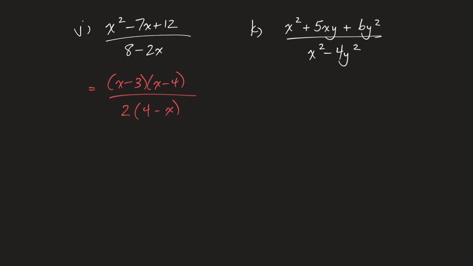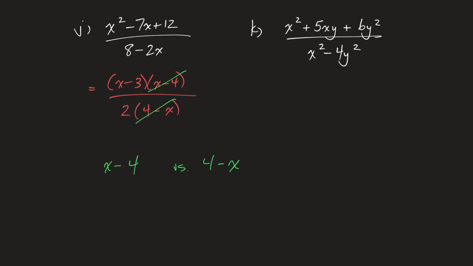And I'm hoping that as you look at that, our first instinct might be no. It absolutely should be no, as long as we recognize that x minus 4 and 4 minus x are not the same thing. Clearly, those are different.